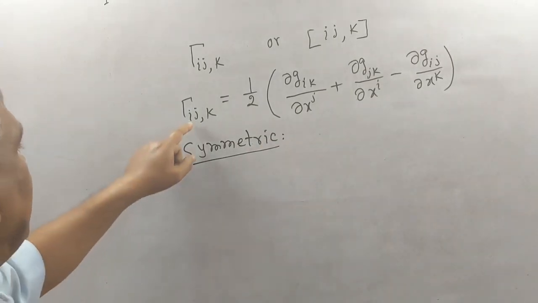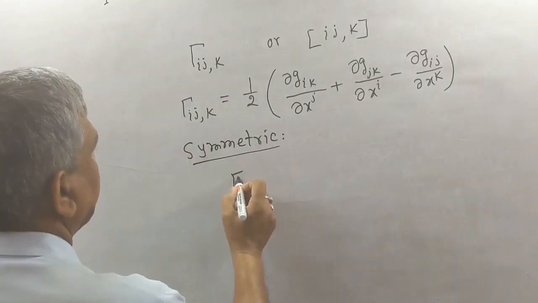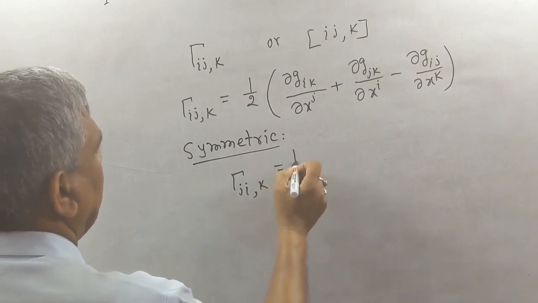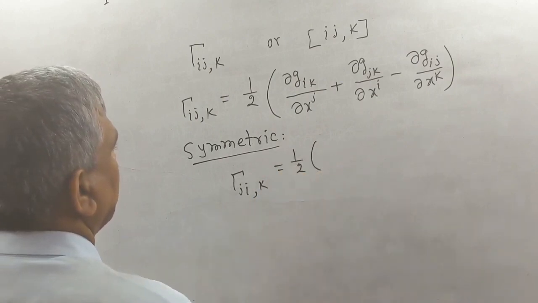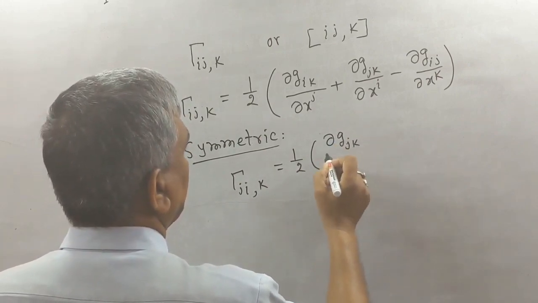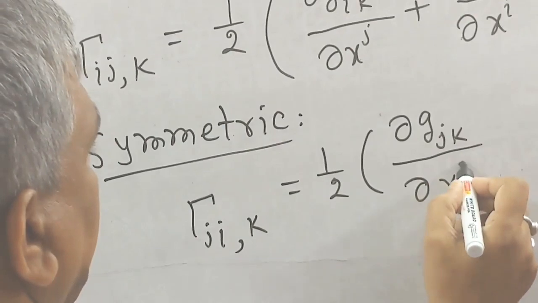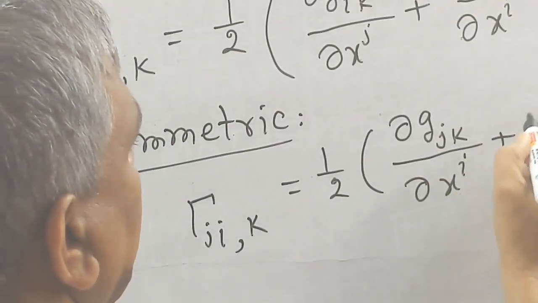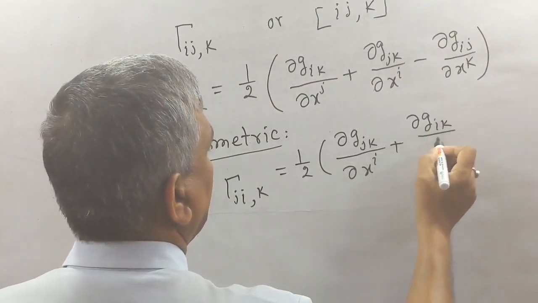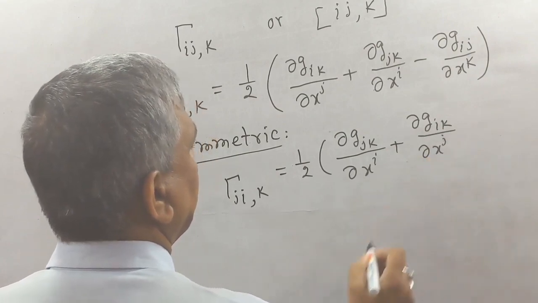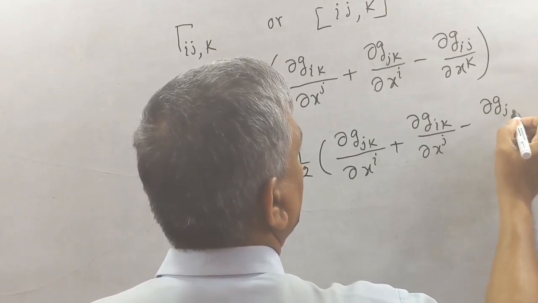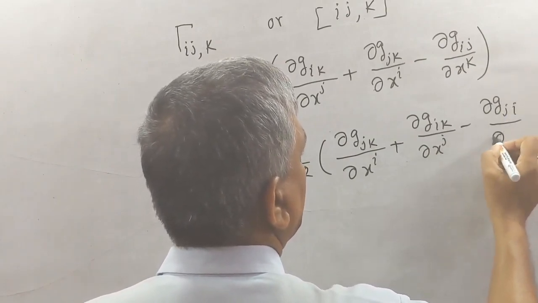Interchanging i and j on both sides, gamma jik equals half: in place of i we write j, in place of j we write i, del g_jk by del x_i plus del g_ik by del x_j, minus del g_ji by del x_k.